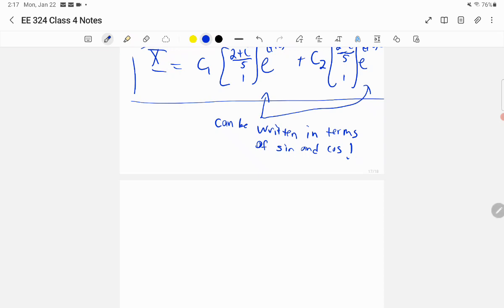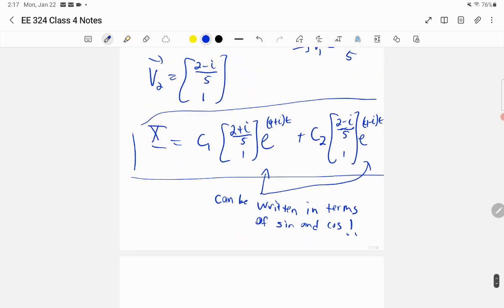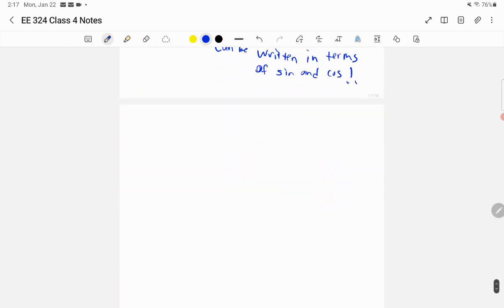We could have written this in terms of sines and cosines, so you would get e to the 4t times cosine of t minus sine of t, I think, something like that, somewhere in there, and so on. So we'll learn about that as we need it.